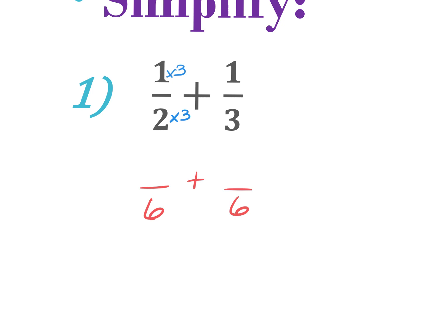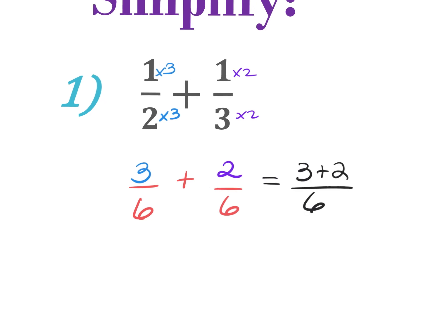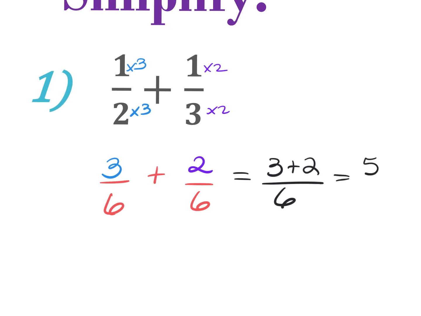So whatever I do to the bottom, I do to the top. And then the same thing over here for my 1/3 fraction. I'm going to multiply that denominator by 2, and whatever I do to the bottom, do to the top. Now that I have the LCD, all I need to do is add those numerators, 3 plus 2, keep the LCD, and my final answer here is 5/6.